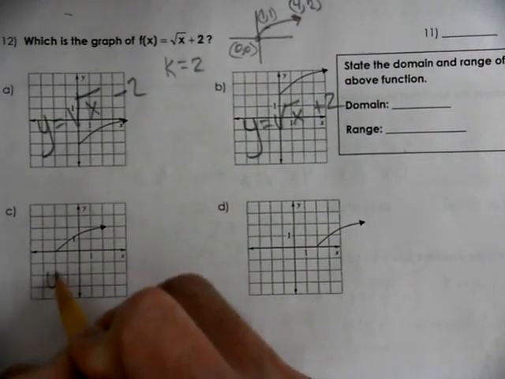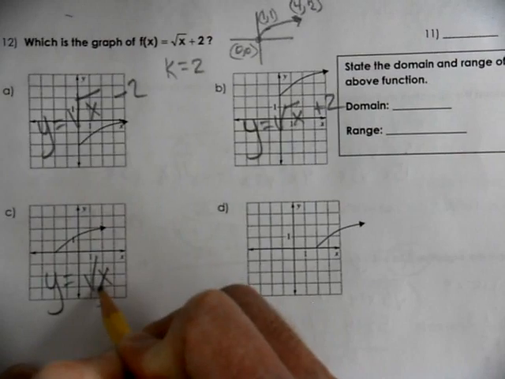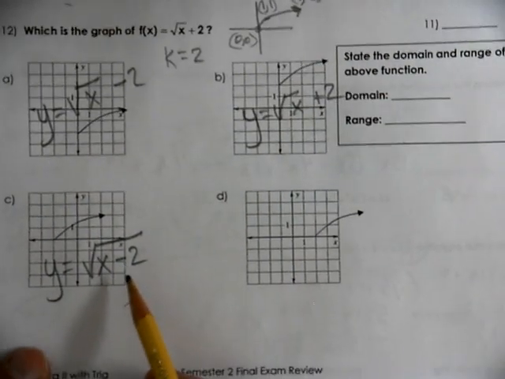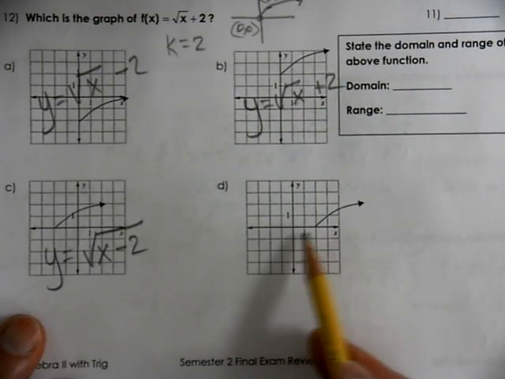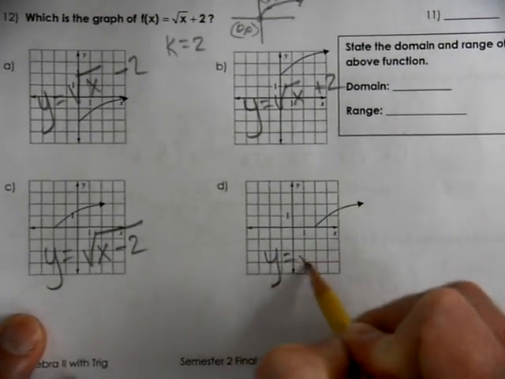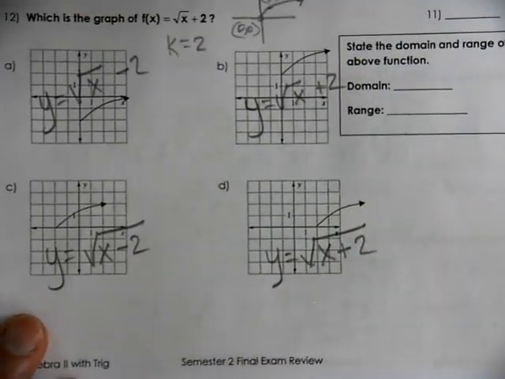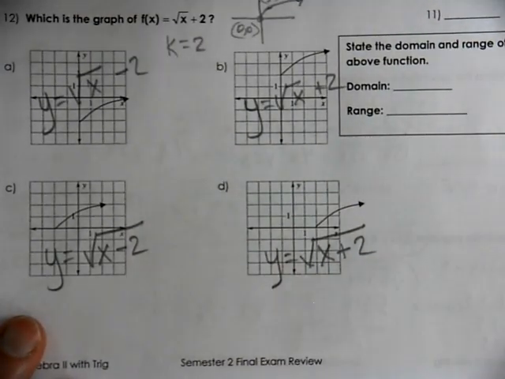For it to go left, the 2 would have to be inside the radical, and it would say minus. For it to move to the right, you would have to say plus 2 inside the radical. It's always the opposite for the h.